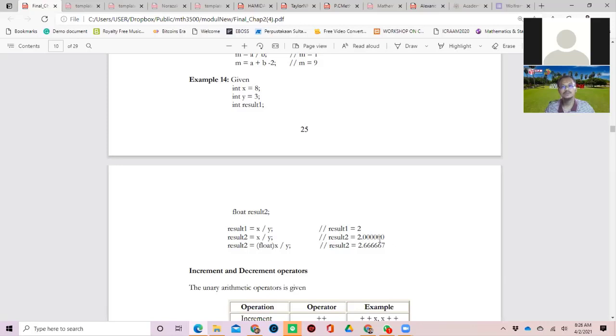So if you want to display the output exactly as the correct number, look at the next expression. In a declaration like this, what we need to do is put float on either one of the variables, either x or y, like this: bracket float, x divided by y.